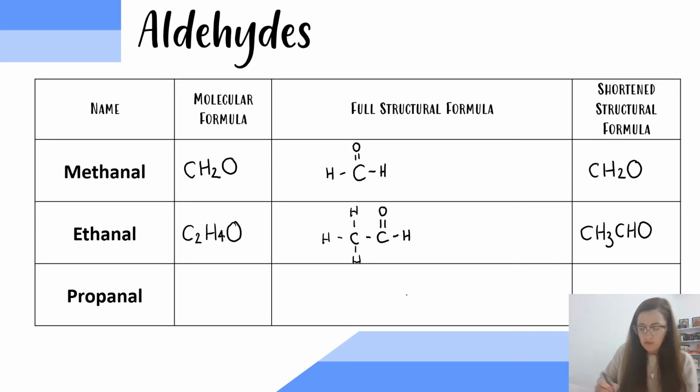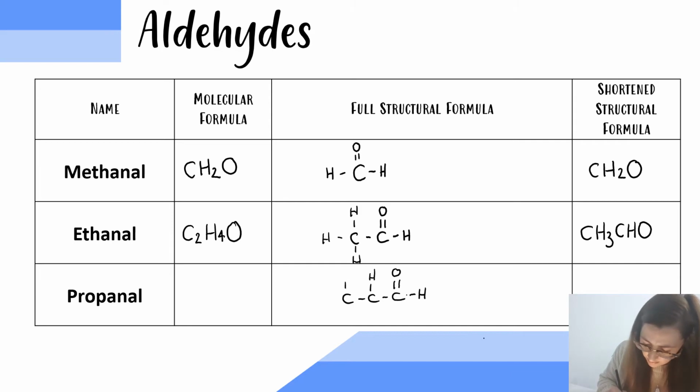For propanal, we have 3 carbons in a chain, prop meaning 3 carbons. The carbonyl group is at the end of the chain, and we can fill in the rest of the hydrogens on the other carbons so that every carbon has 4 bonds.